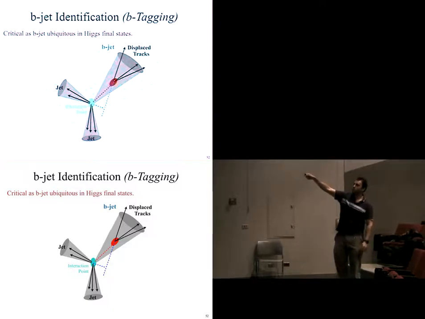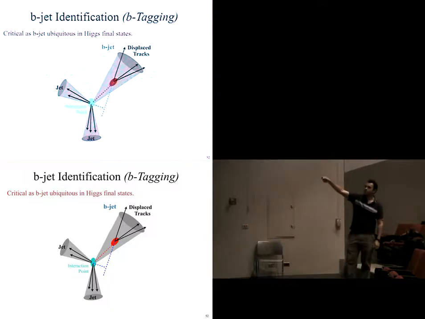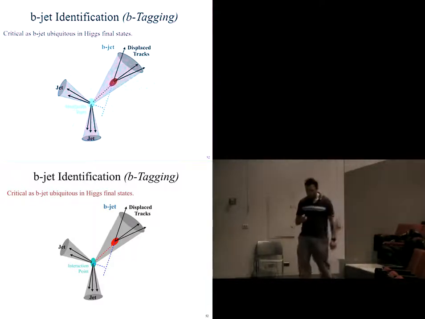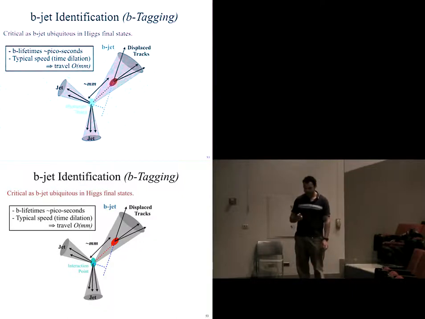The other thing we can do is take the paths that these take and extrapolate them backwards, and we can see that they miss this interaction point. If they really started from here and you extrapolate backwards, they'll run into it. But if there's some displacement, then very often you'll miss it. So those are some of the ways that we can do this.